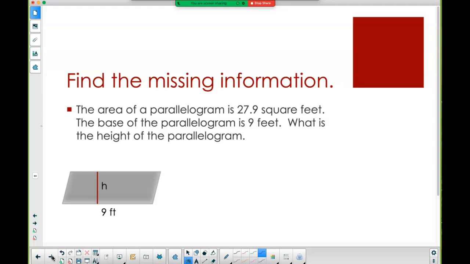The area of a parallelogram is 27.9 square feet. The base of the parallelogram is 9 feet. What's the height of the parallelogram? Okay, it's a parallelogram. What formula do we need? We're dealing with area. So what formula are we going to use? Caleb?